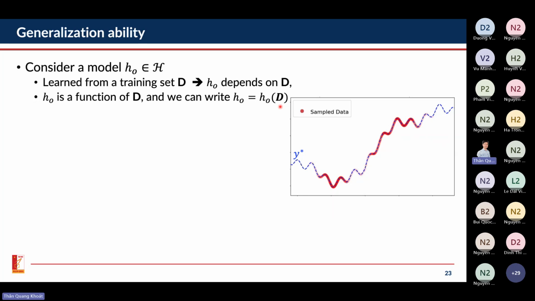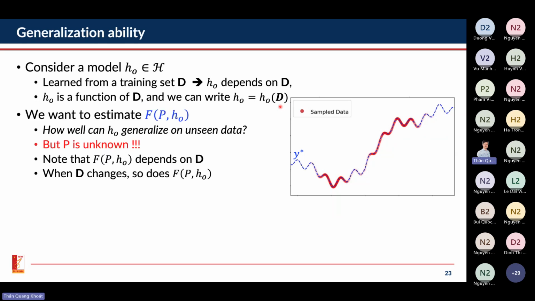Sometimes it is useful for analysis, right? Okay. And we want to analyze whether this function generalizes, right? Or in other words, we want to estimate the population error of that model, right?